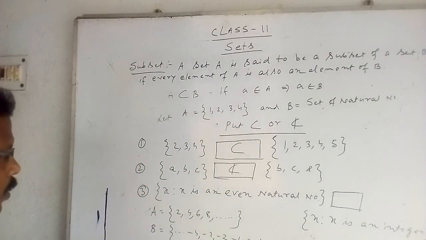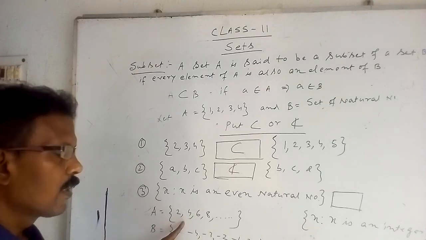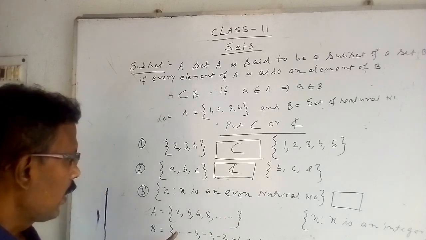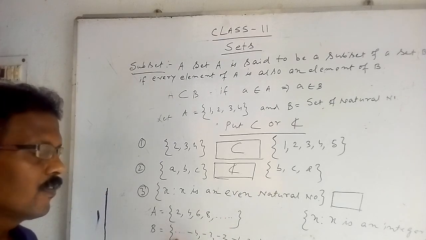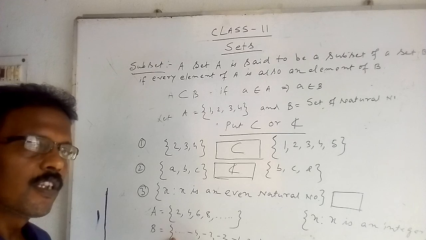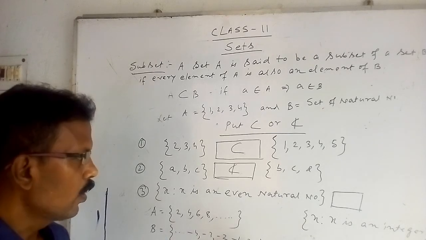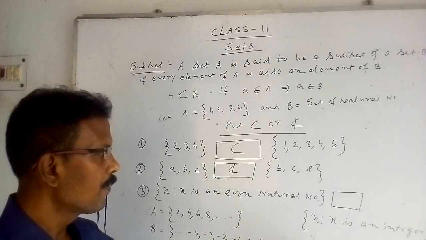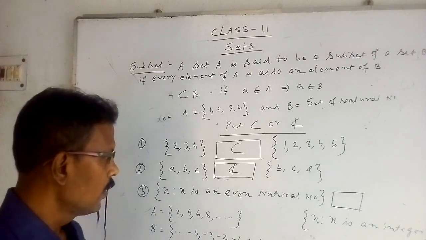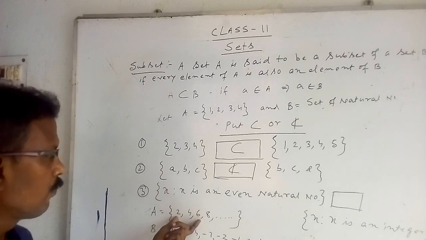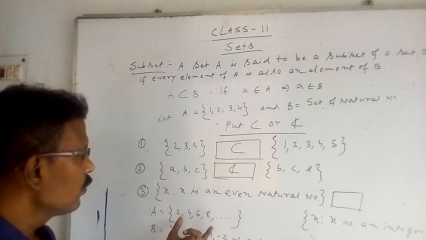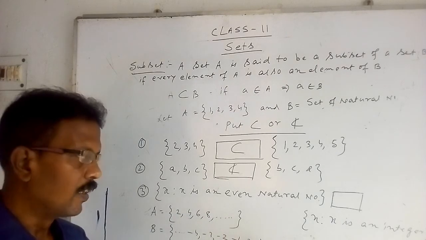Now look at the first set. It contains 2, 4, 6, 8 and so on, and the second one, starting from the endless negative left side, contains 0 and 1, 2, 3, 4, 5, 6, 7, 8 and onwards. Therefore the elements 2, 4, 6, 8, 10, all these elements belong to the second set.